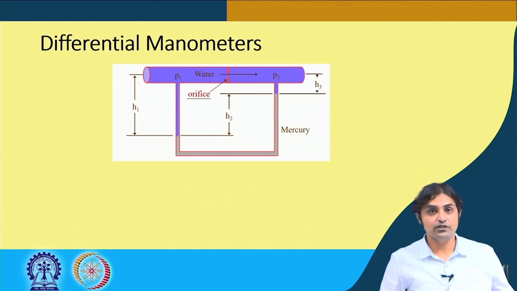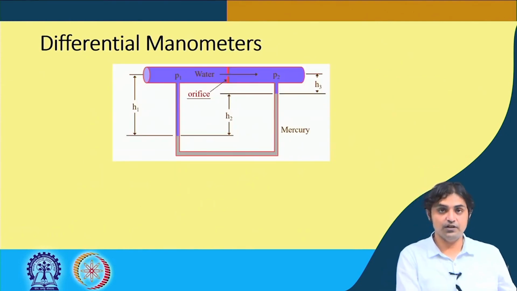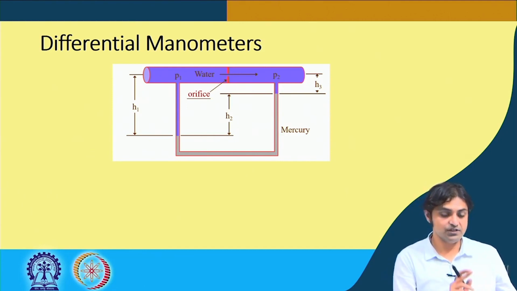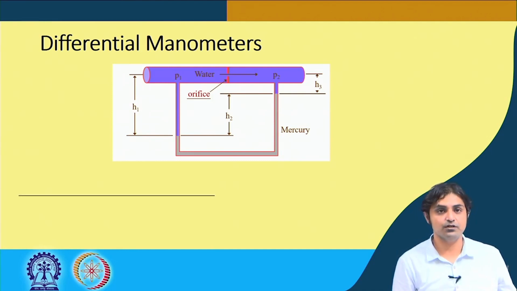Now we are going to keep this figure small and just start writing down the equations, with variation of pressure. If we go down, we add the pressure. If we go up, we subtract the pressure.